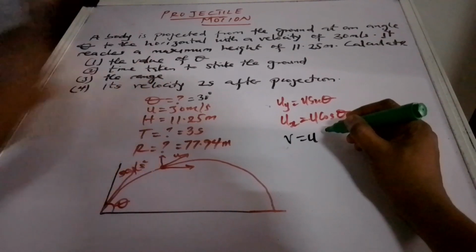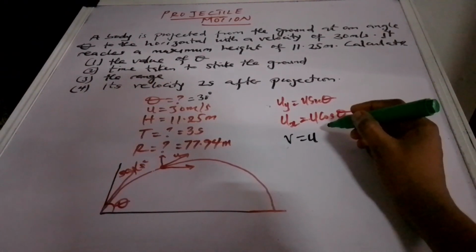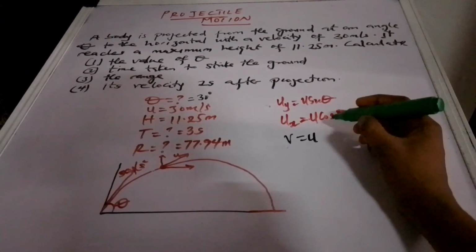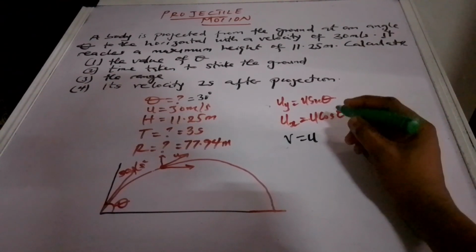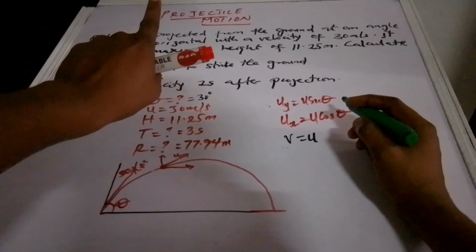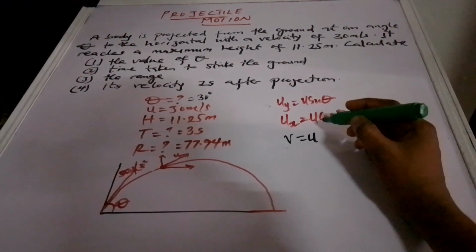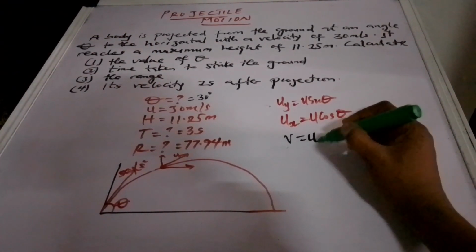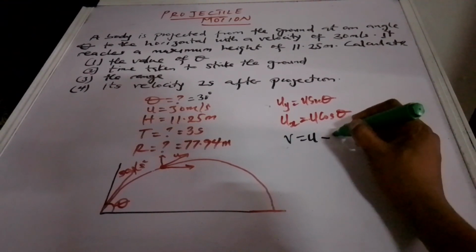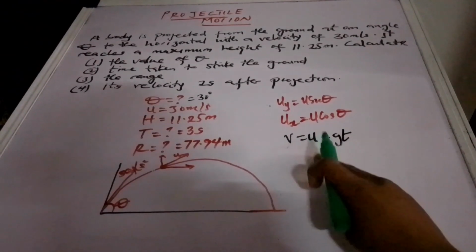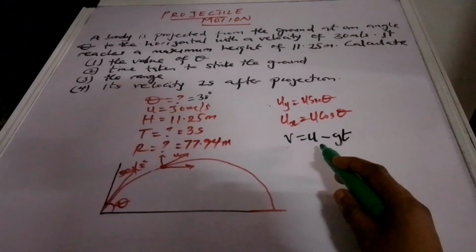Because the object is still going up, it's moving against gravity, so let's take the negative formula. v equals u minus gt. That is the velocity we are going to use.